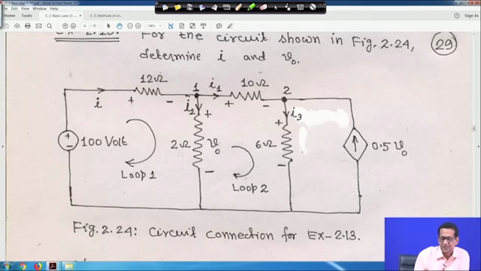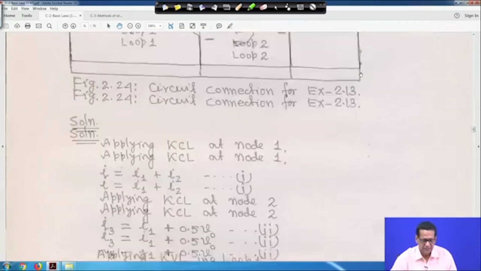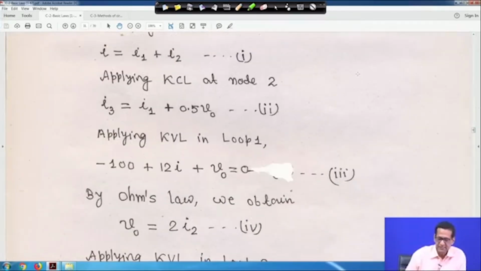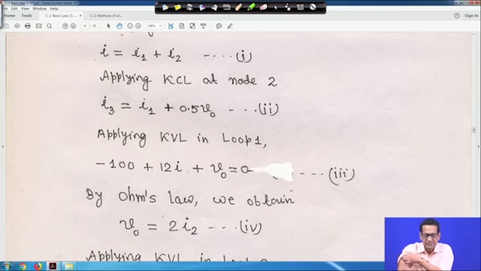Then the current I flows through the 12 ohm resistance, so plus 12 I. And the branch where I2 enters, we can write either 2 into I2 or plus V0. So in loop 1: minus 100 plus 12 I plus V0 is equal to 0.